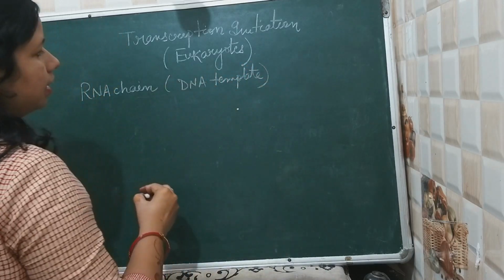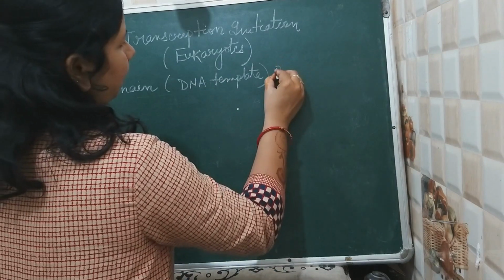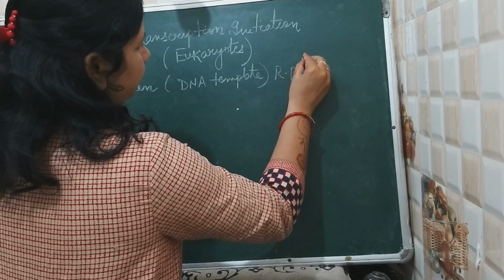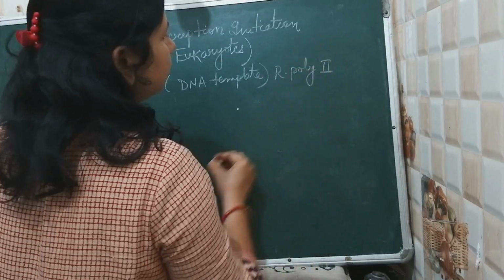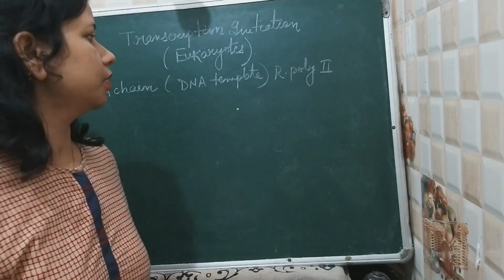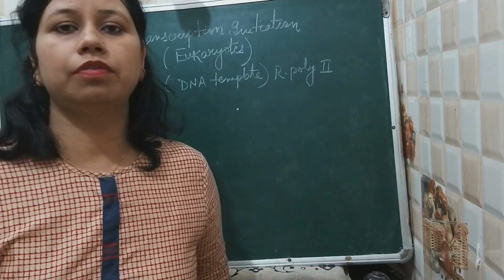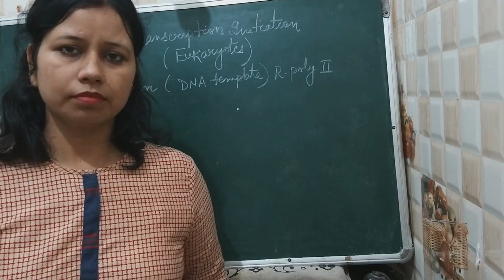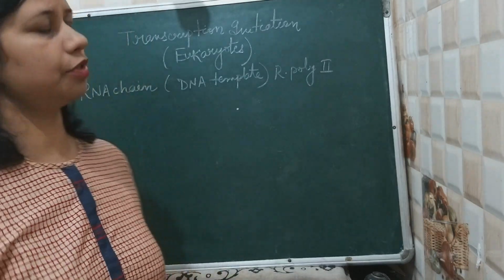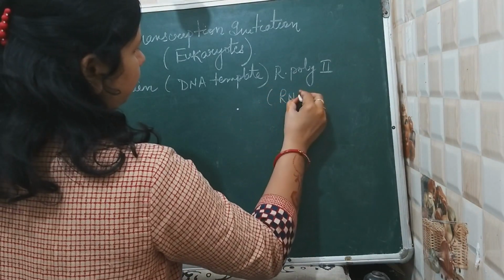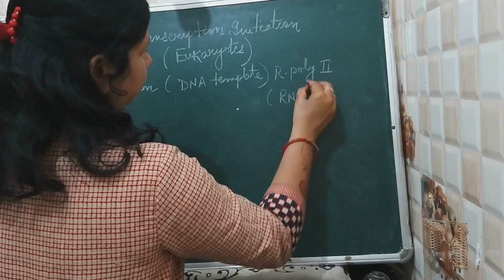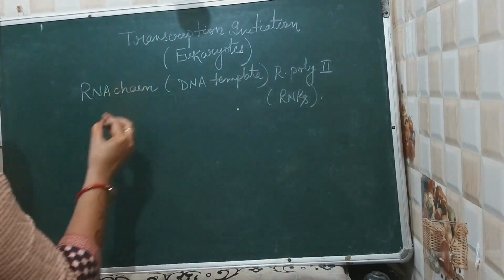And for this synthesis of the RNA chain, RNA polymerase II enzyme is mainly involved. So RNA polymerase II enzyme catalyzes the formation of the RNA chain from ribonucleotide triphosphates.